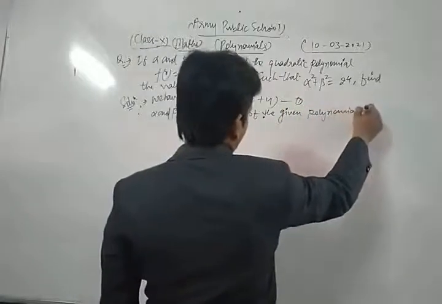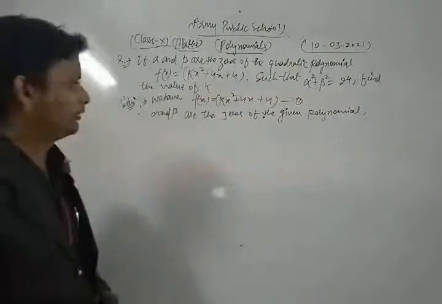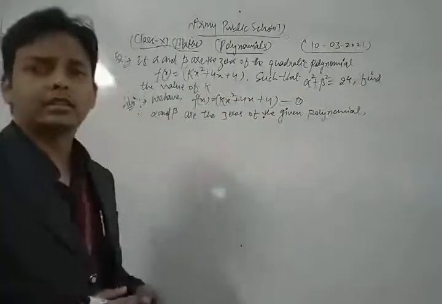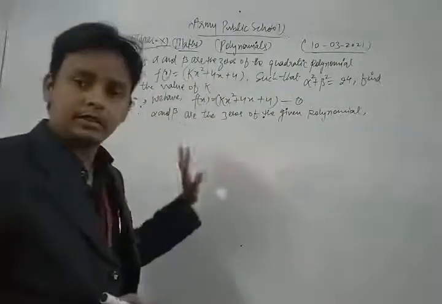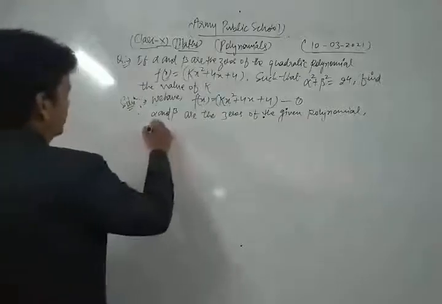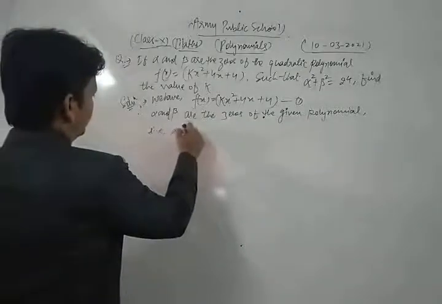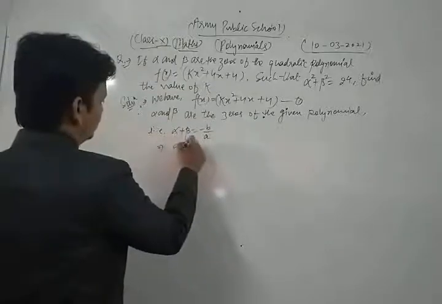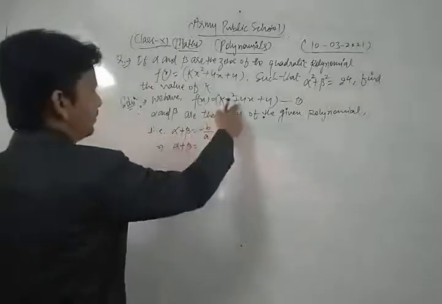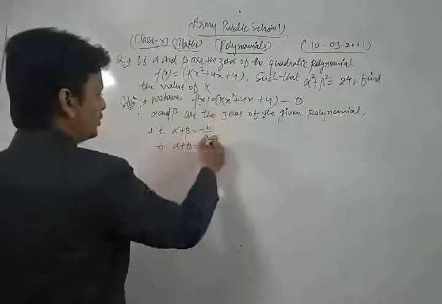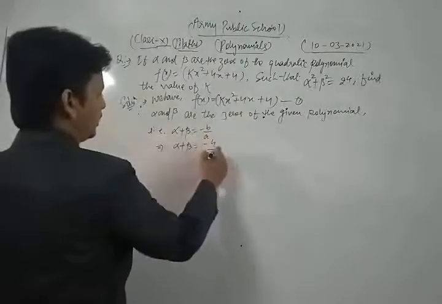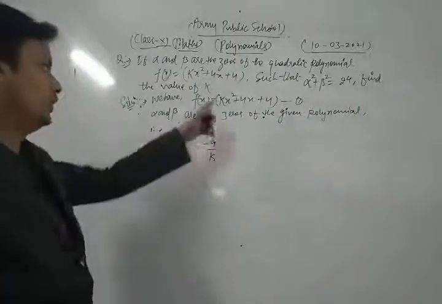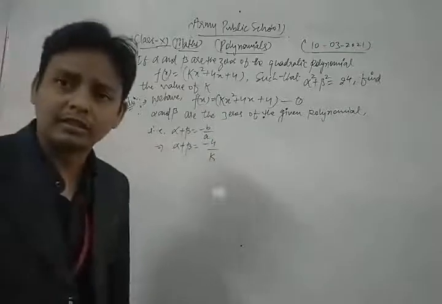Since alpha and beta are the zeros of the given polynomial, the sum of zeros is minus b by a, so alpha plus beta is minus 4 upon k, because the coefficient of x square is k.